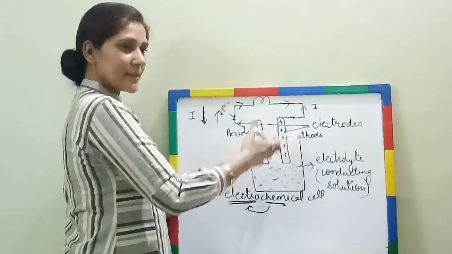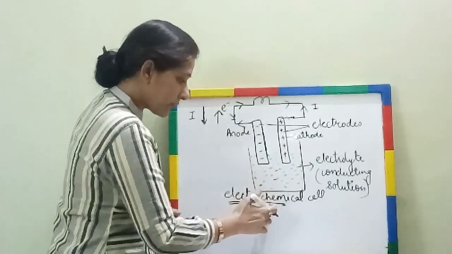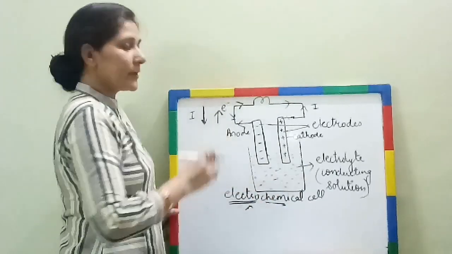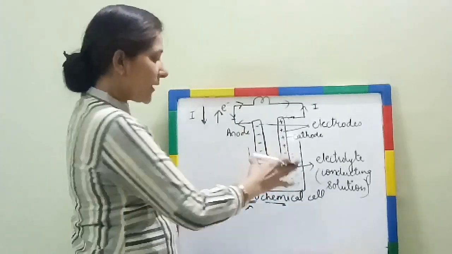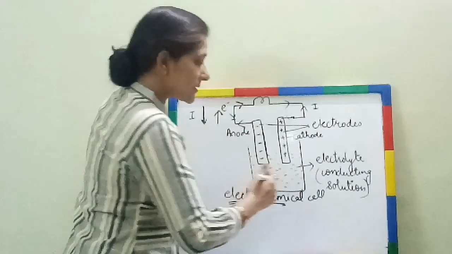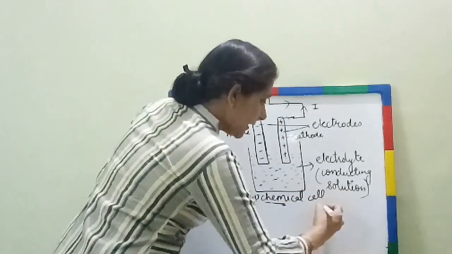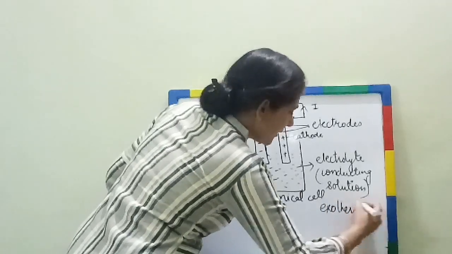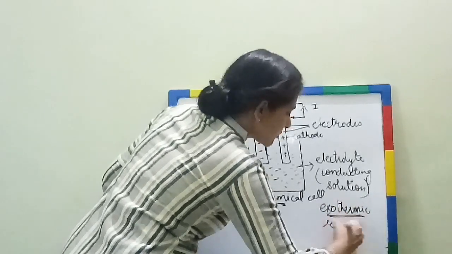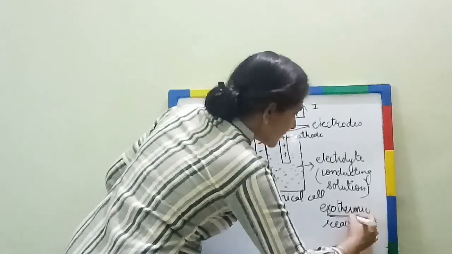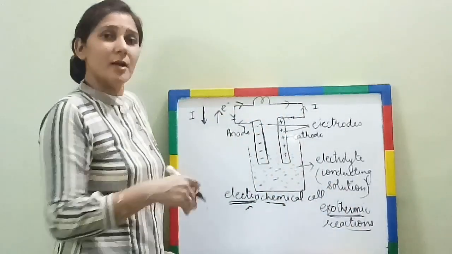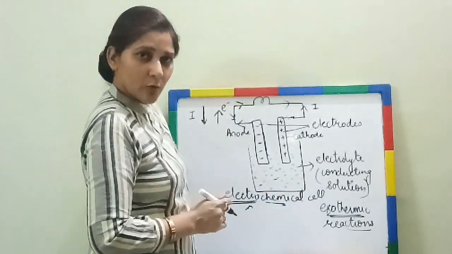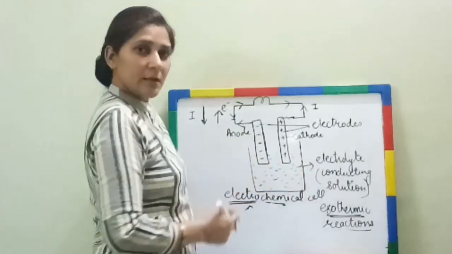These electrolytes are considered chemicals, and the chemical energy present here is converted into electrical energy. The reactions going on here are exothermic reactions, meaning a large amount of energy is released during these reactions. So when the breakdown of ions happens here, this exothermic reaction takes place.